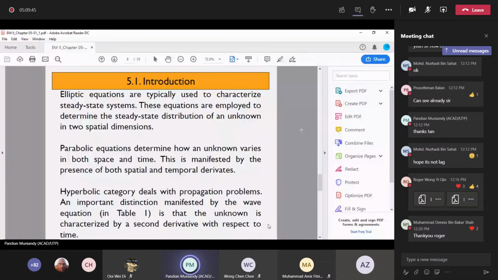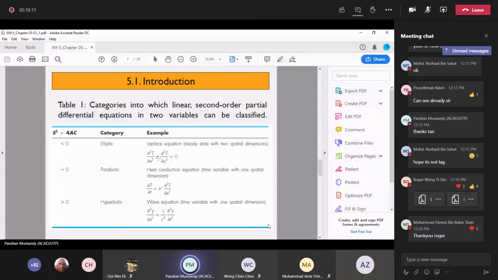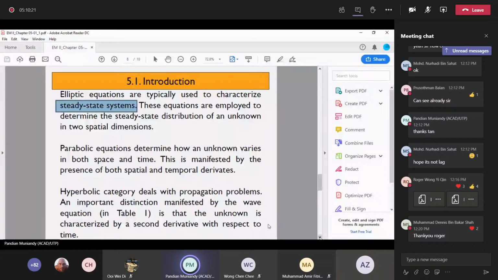These equations are employed to determine the steady state distribution of an unknown, the output, in two spatial dimensions. That is your x and y. So the u, in this case capital T, is the temperature output. This is unknown, depending on the inputs x and y. So x and y are the two spatial dimensions, elliptic.